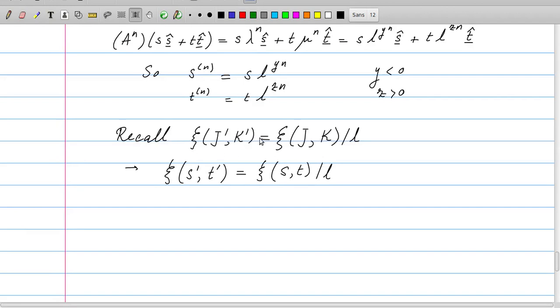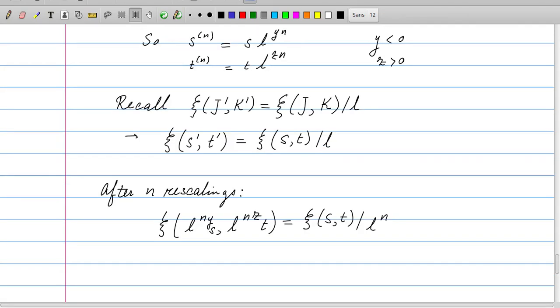The xi goes down by a factor of L when we perform a renormalization, and that was formulated in terms of the j and the k, but obviously we can do exactly the same in terms of the s and the t, because they are just a reparametrization of the j and the k. Now let's see what happens if we perform the renormalization transformation n times.